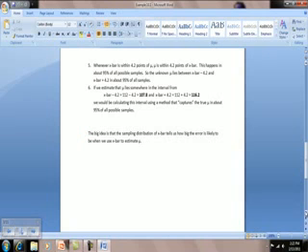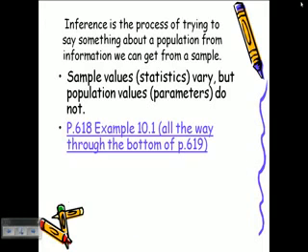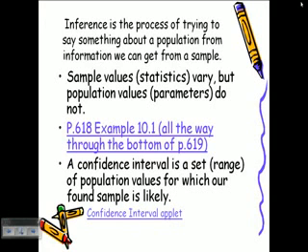Now, let's return to our PowerPoint to further investigate how confidence intervals behave. As we found in the previous example, a confidence interval is a set range of population values for which our found sample is likely. The confidence interval applet that we will be looking at momentarily will provide you with a visual of what it means for the interval to capture the true population mean.